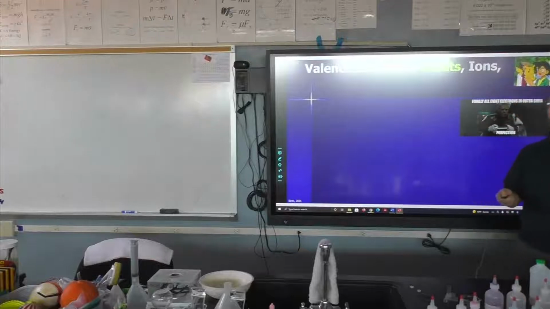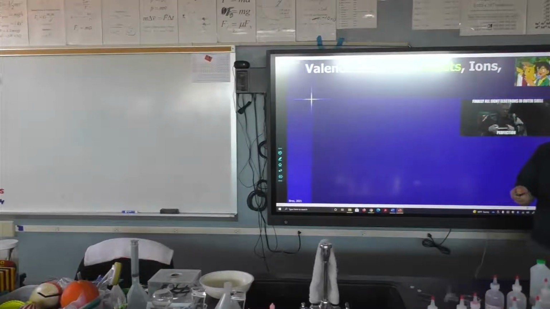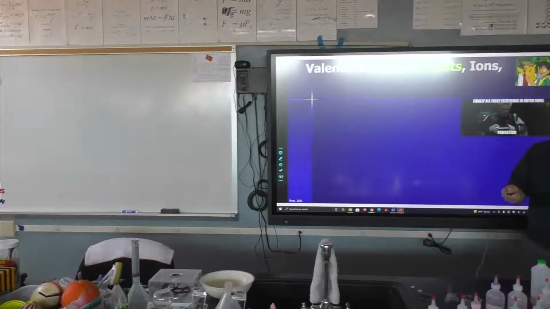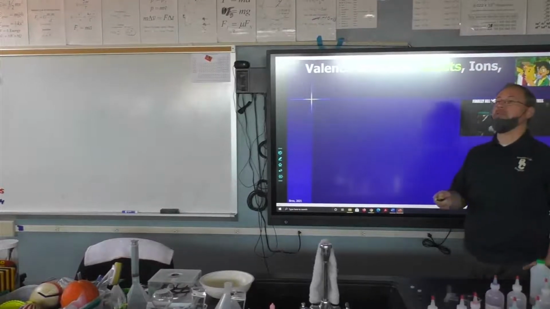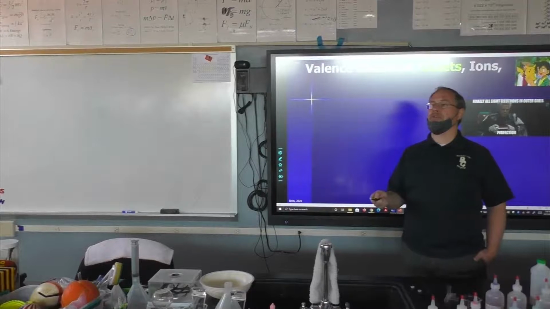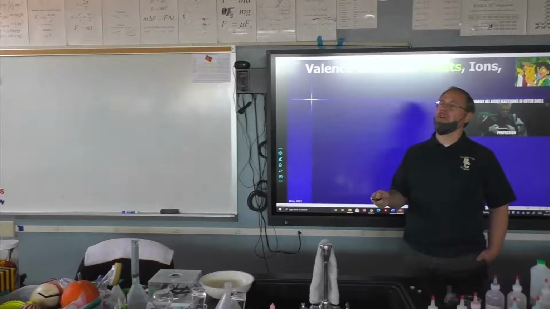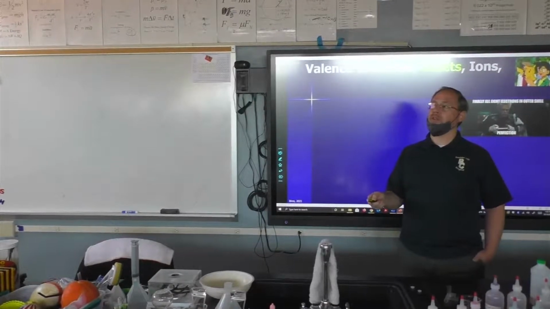So for instance, lithium has a 2s1 electron and beryllium has a 2s2. Since that's the highest shell and there is no p, lithium has 1 valence electron, beryllium has 2 valence electrons.